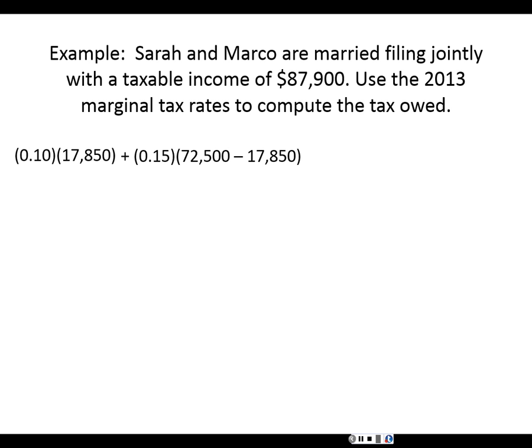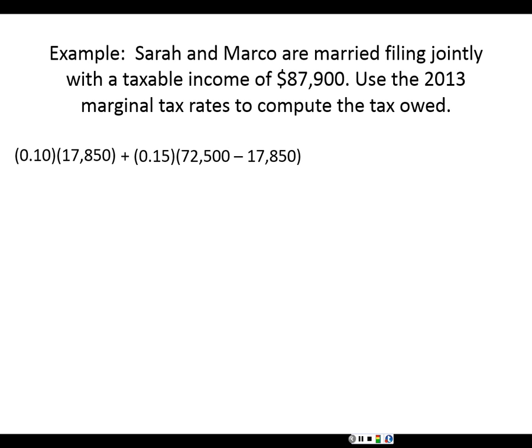But we don't pay taxes on the same income twice. So we pay 15% taxes on $72,500 worth of our income minus the $17,850 we already paid taxes on. So we have to subtract that off. Now, on the 25% bracket, I didn't make all the money that is in the 25% bracket.